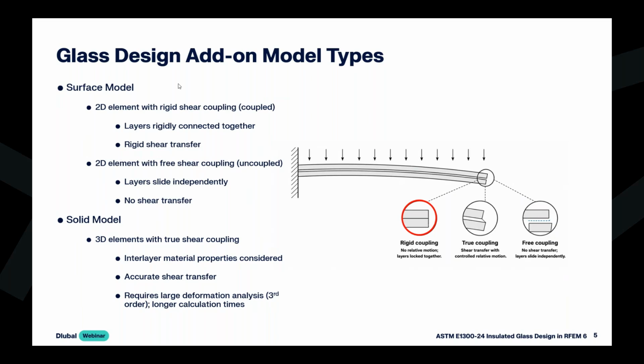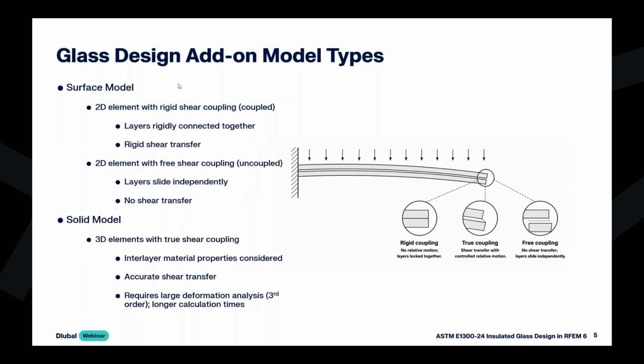Now, the alternative option with a 2D surface model is to have essentially an uncoupled option where we have free shear coupling. The layers are allowed to slide independently, and we're not going to have any shear transfer between those glass panels or those glass surfaces to the inner layer surfaces. So those are the two different options here when it comes to that surface model, either fully rigid or fully released.